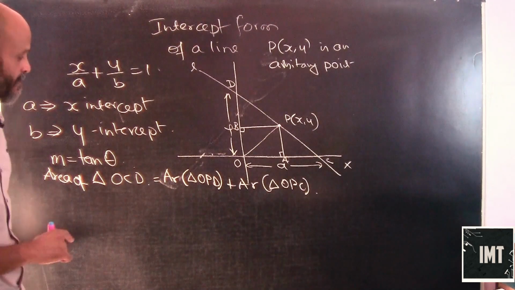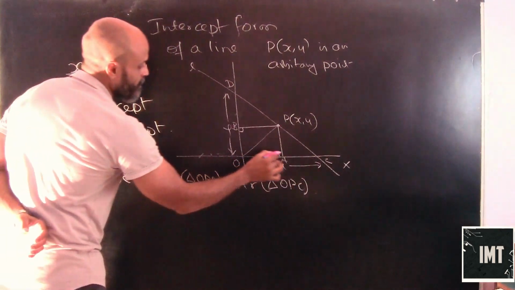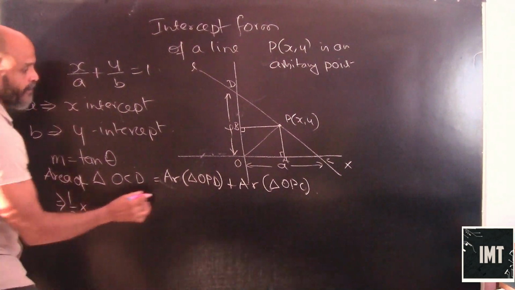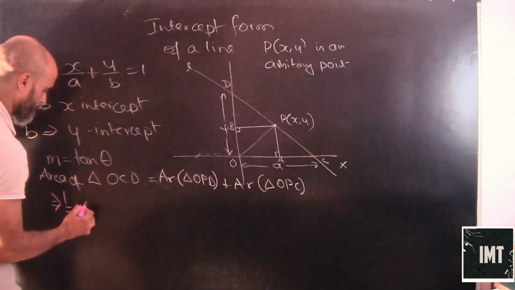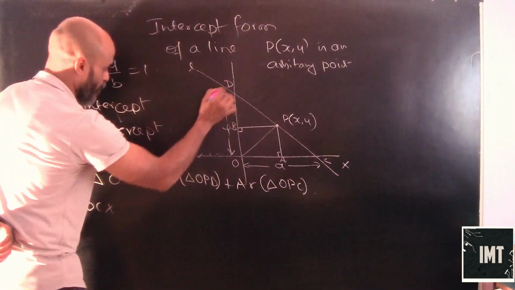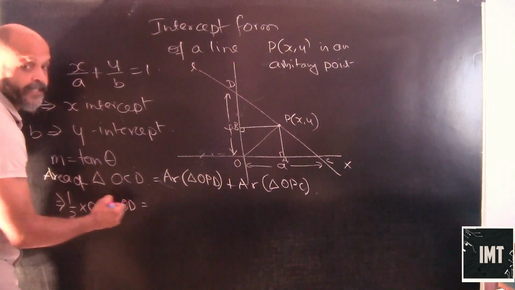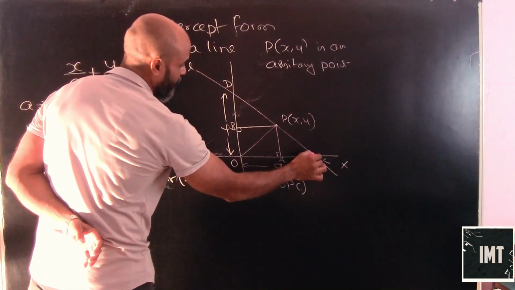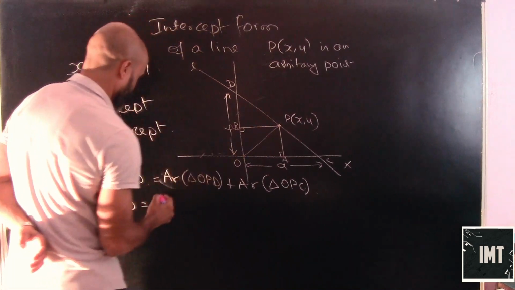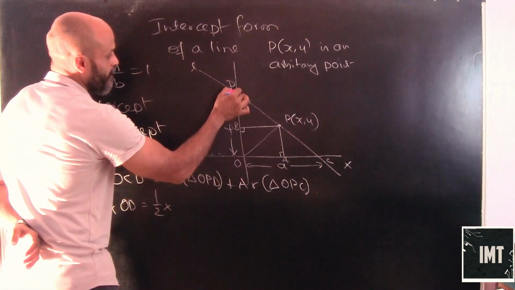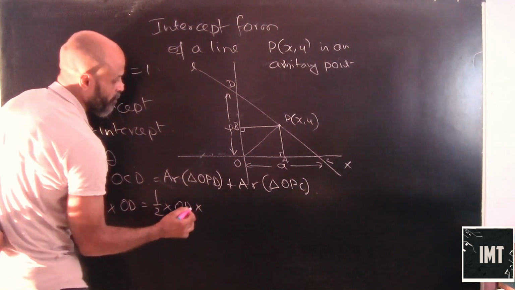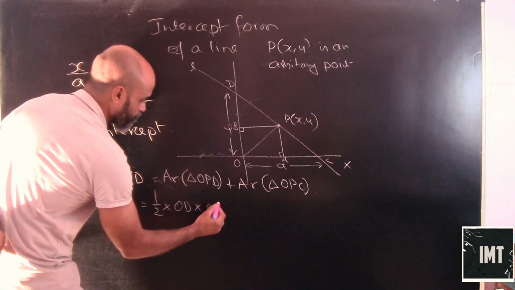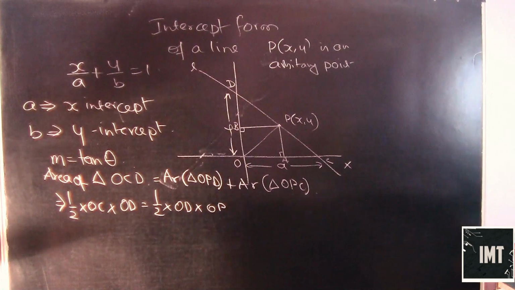Area of triangle OCD will be equal to half into base, that is OC, into height, that is OD. And if we look into the area of triangle OPD, again it is half into OD into height, that is OP, half into OD into OP.